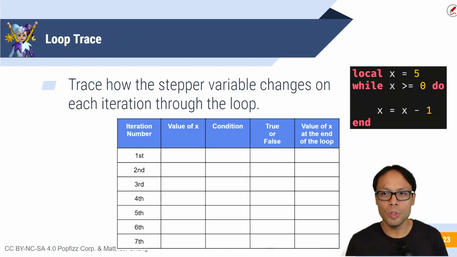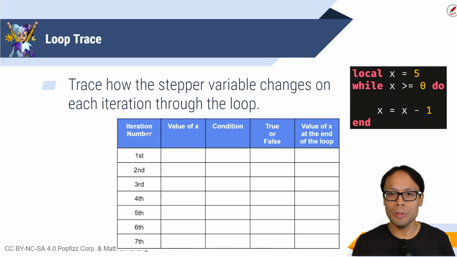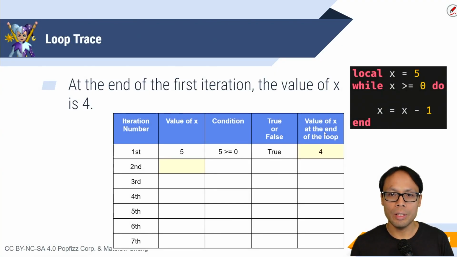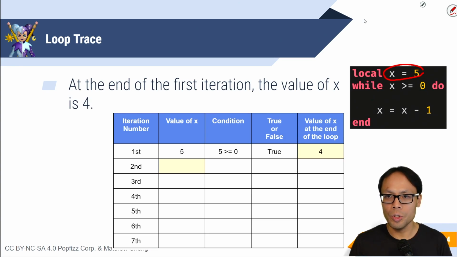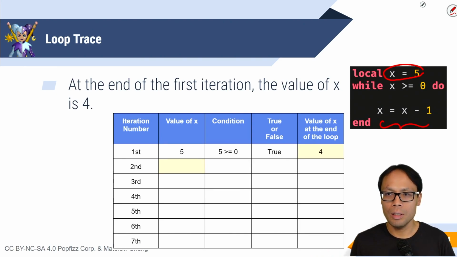Now let's go ahead and trace how the stepper variable changed through the iteration of the loop. So for example, again, we started off up here with x equal to 5, and then we had our condition. We have 5 greater than or equal to 0. That condition is true. And then that last line of code inside of our loop is x minus 1, so our 5 becomes a 4.